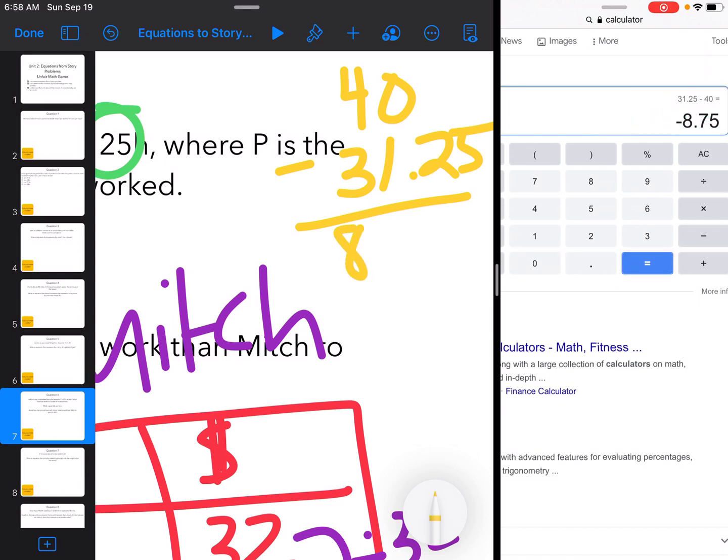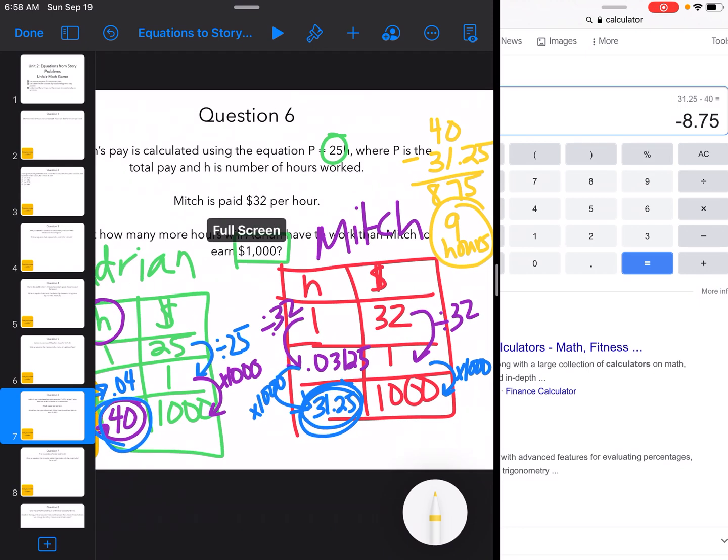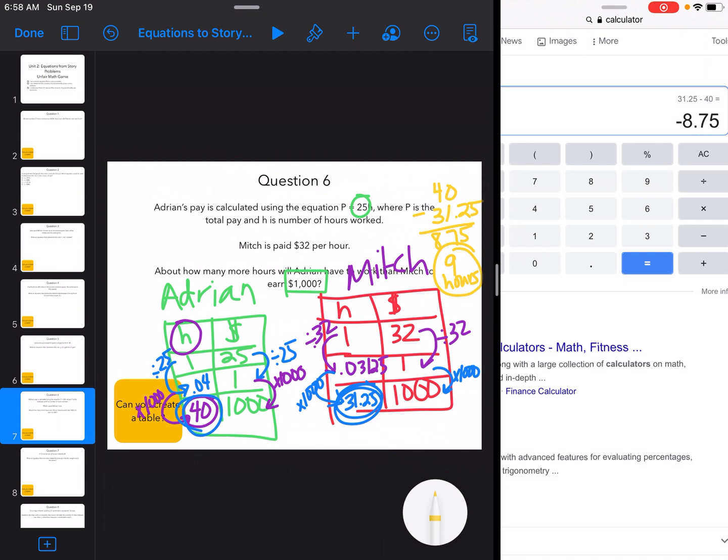And I figure out it's 8.75. So if I have to round to the whole hour, it's going to be 9 hours. So even though Adrian's only making $7 less per hour, it's going to take him 9 extra hours of work to make up for the same amount of time that Mitch takes for $1,000.